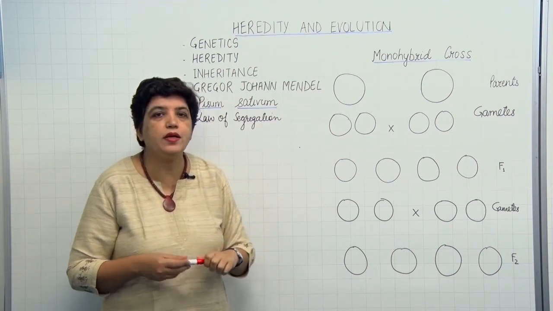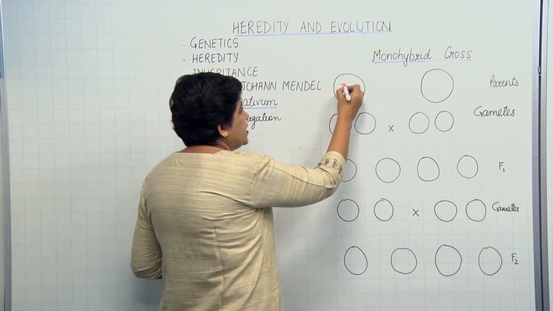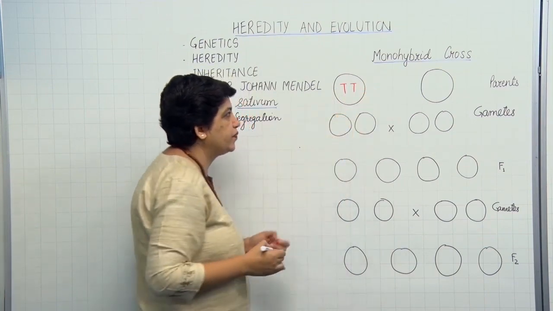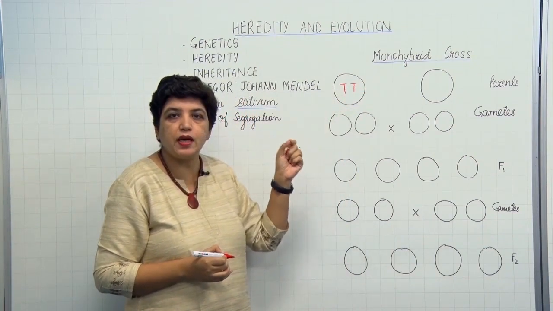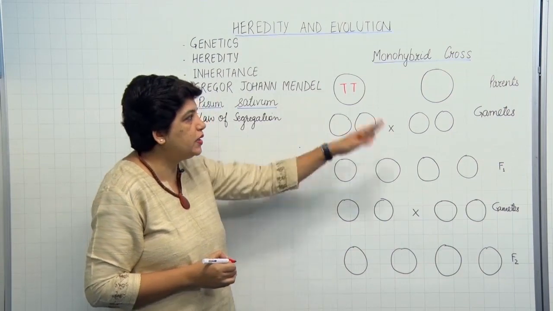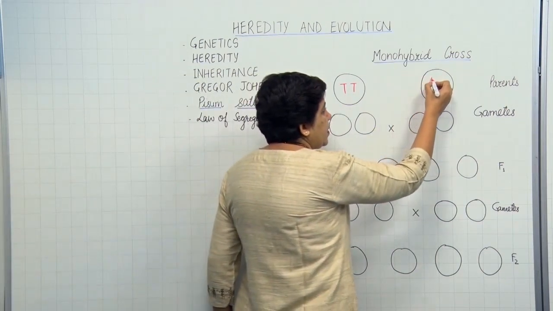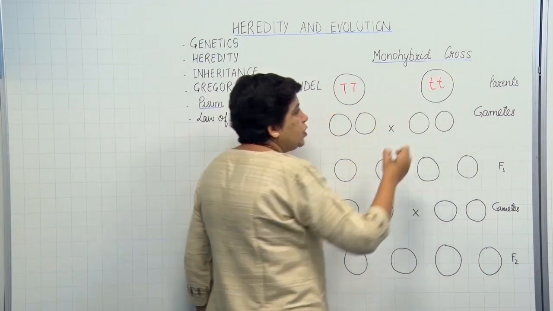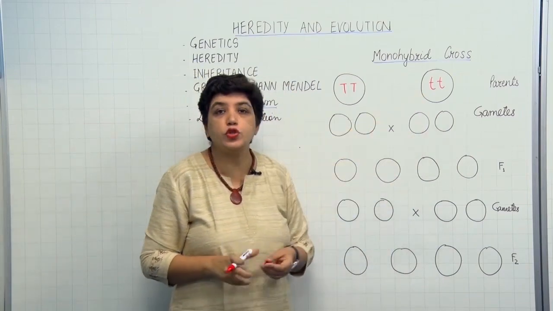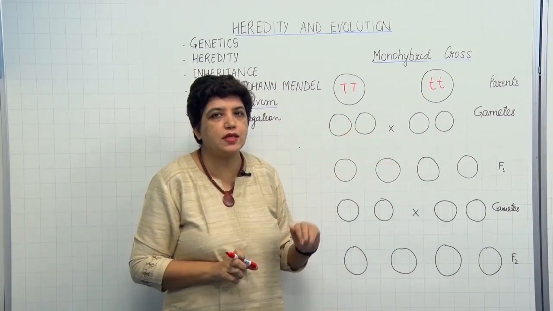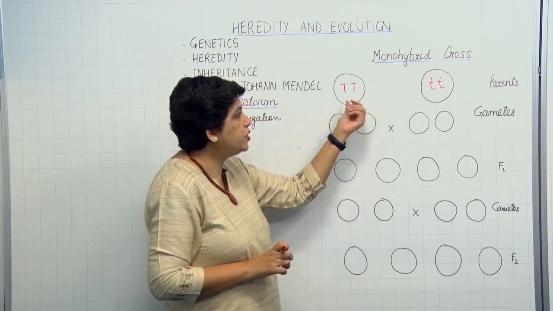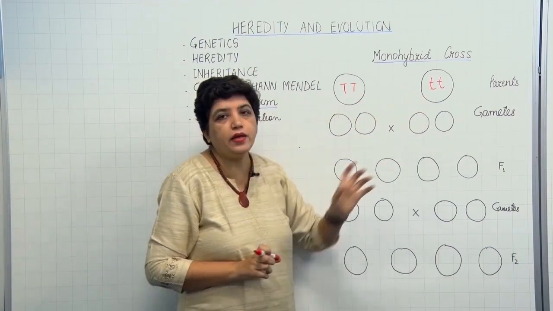So a tall plant is represented as a pair of capital T. This is a pair of genes representing a tall plant. On the other side, he took another plant which was dwarf. For dwarf, we'll take a pair of genes represented by small letter t. So there is cross breeding between tall and dwarf.